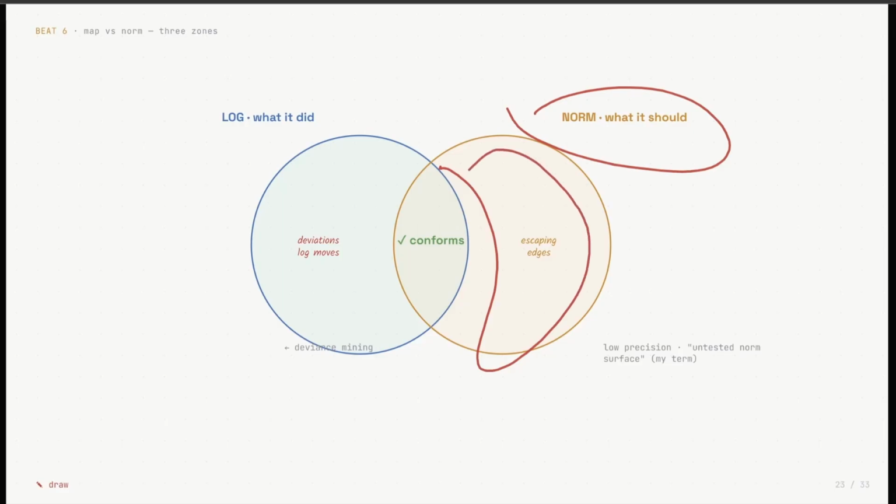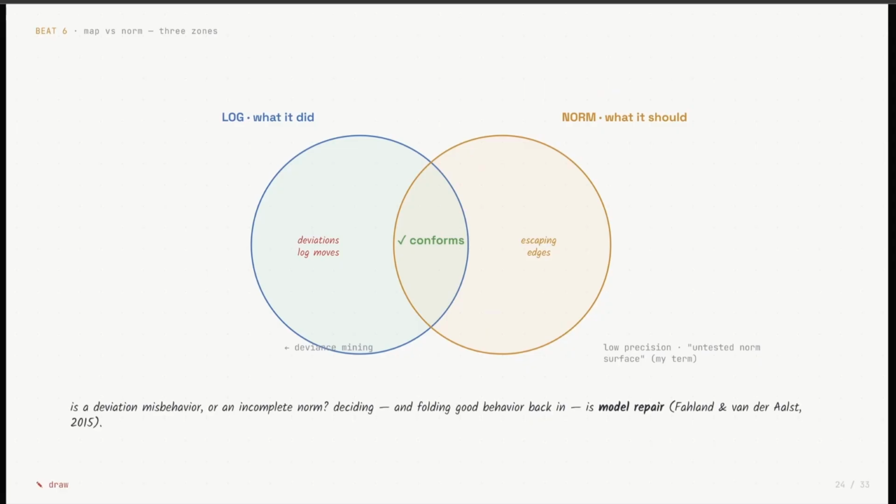And we could call this region an untested norm surface. Now, the interesting question that this paper from 2015 is talking about is this misbehavior, this part. Is it misbehavior, or does it mean your norm is incomplete?